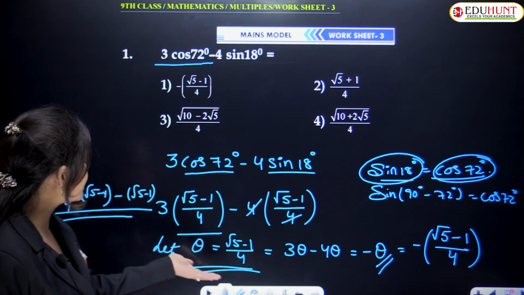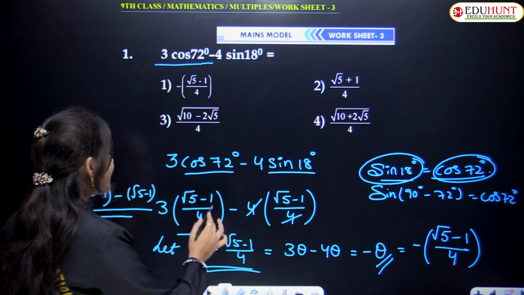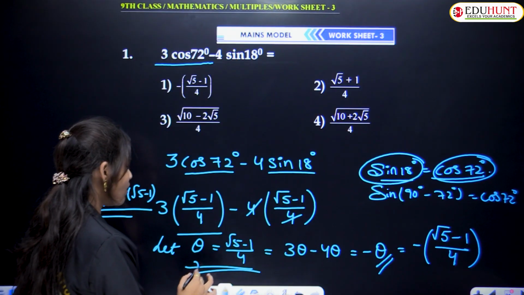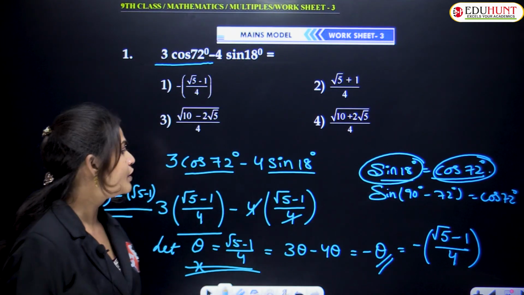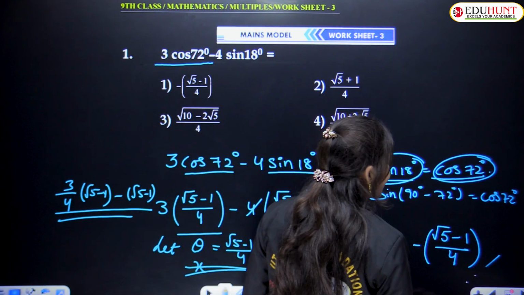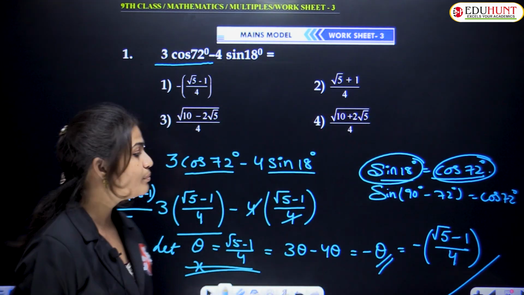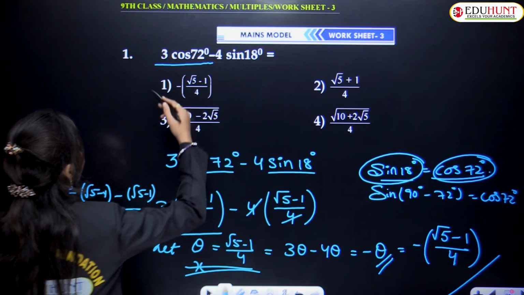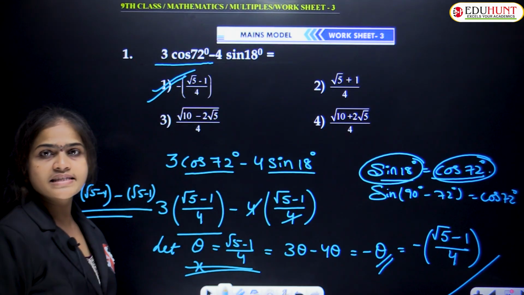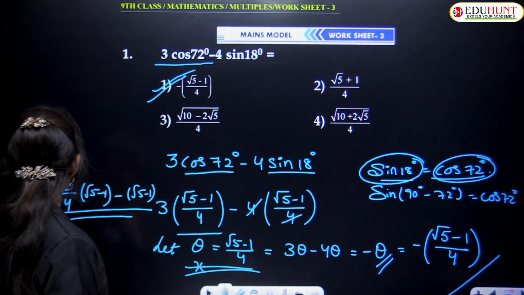So, directly this is easy to simplify that. So, that is why instead of this one you can take that theta or x or whatever it may be, take any variable, understand ma. So, here what is that answer? Minus of square root of 5 minus 1 by 4. So, which option is correct here? Yes, option 1 is correct here. Understand? Yes. So, let us see that next question.